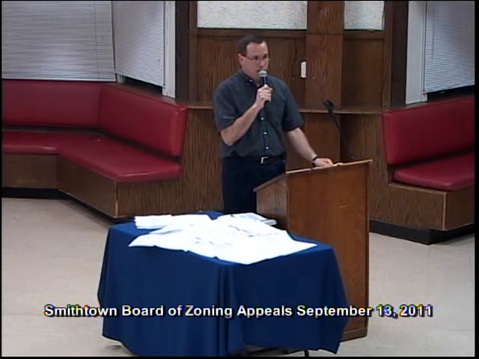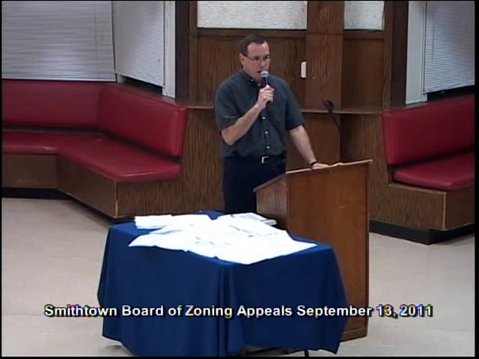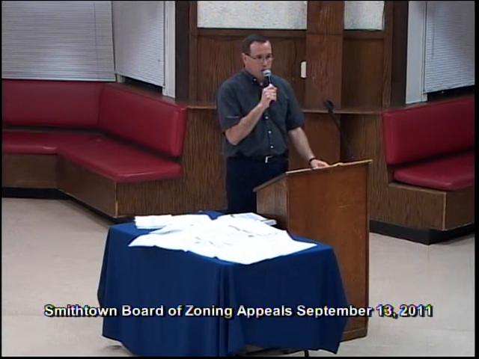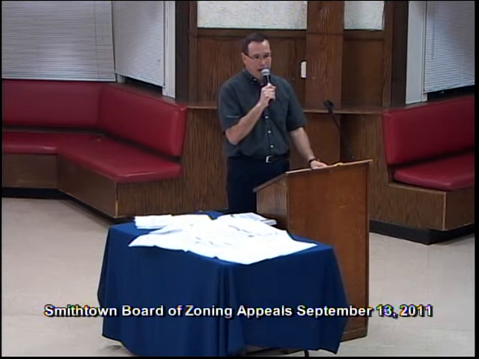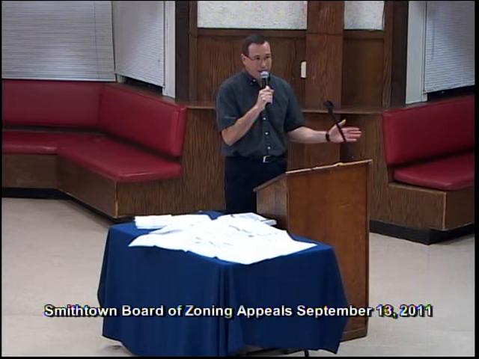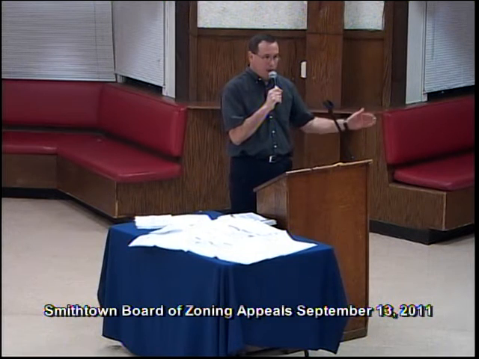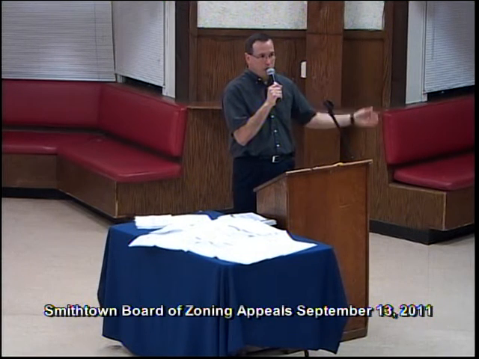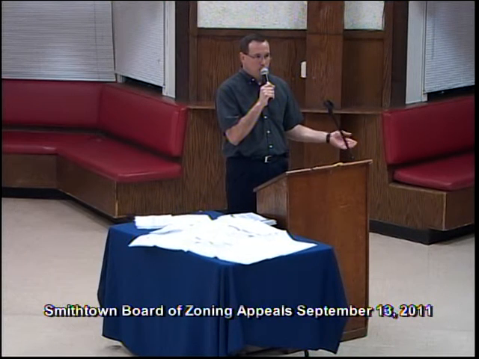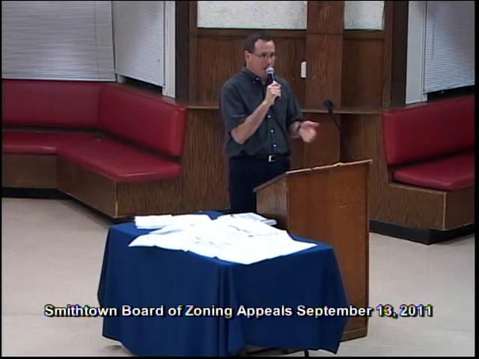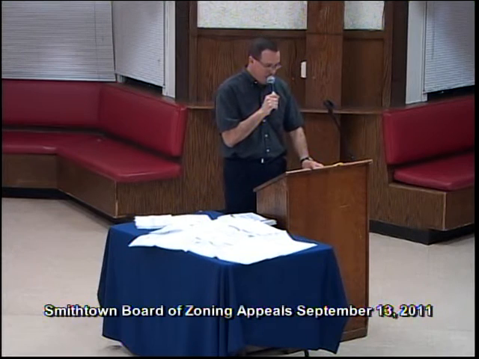Again, it's a Dunkin' Donuts standard. I've seen it on many Dunkin' Donuts restaurants. I do not know if there's any in the town of Smithtown that actually have illuminated awnings. I can't state that for sure. The similar Dunkin' Donuts that we looked at by Edgewood Avenue is an older store and doesn't have the design that this has.